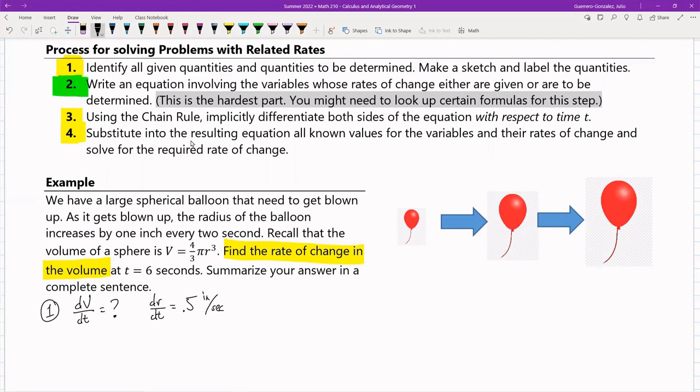And the last thing, you guys will see why we're going to need this, is the radius at t equals 6 seconds. The radius at t equals 6 seconds is 3 inches.